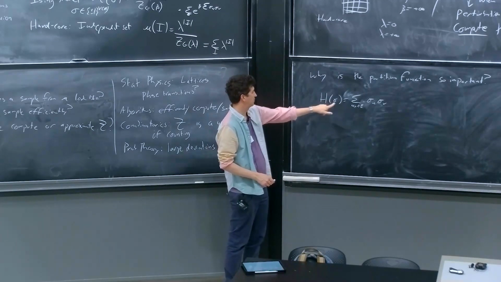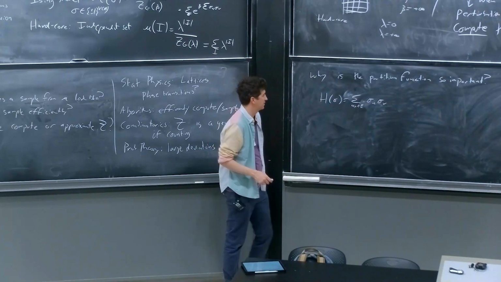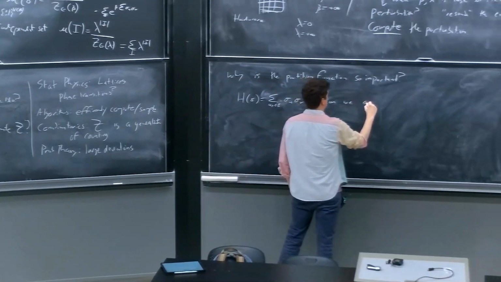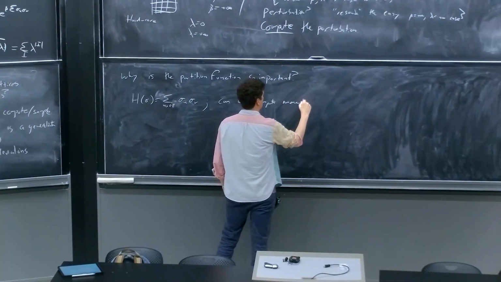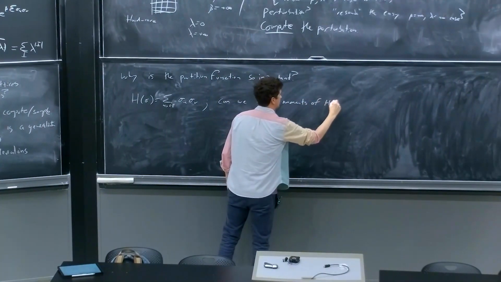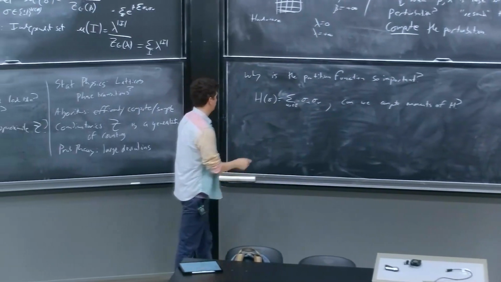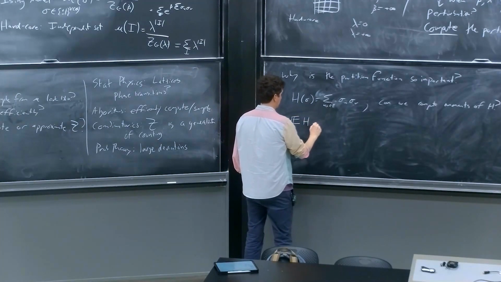Pick the random sigma, evaluate this function. This is maybe something you would want to understand. So can we compute moments of this particular function H? Let's look at, how about the expectation of H?